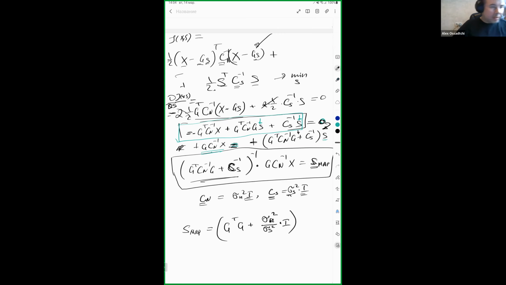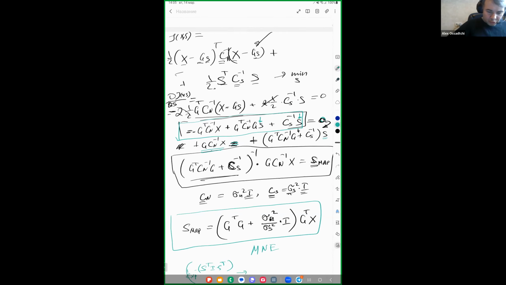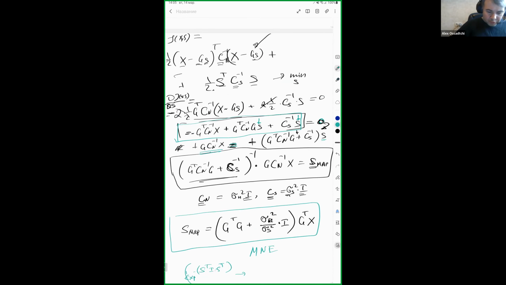And then this one is G transpose, and Cn will go, and then G transpose X. This is your maximum a posteriori solution. This is your minimum norm estimate. Why minimum norm? Because your prior is the exponent of S transpose identity S. To maximize this, you are looking for a solution as close to zero as possible.